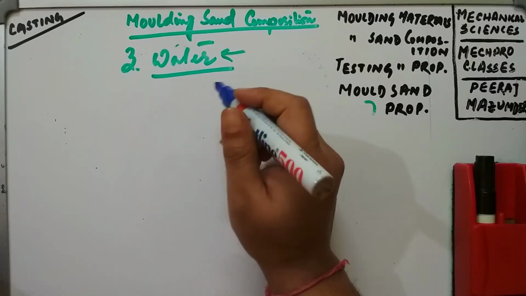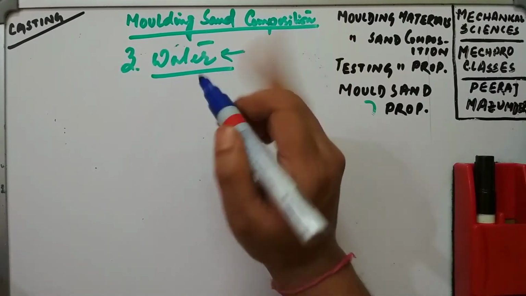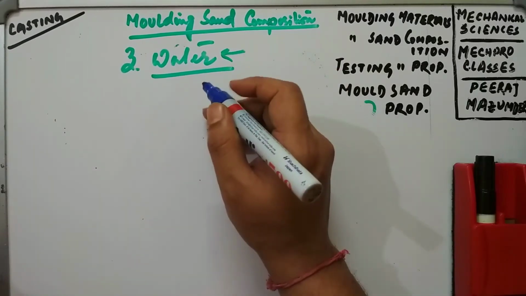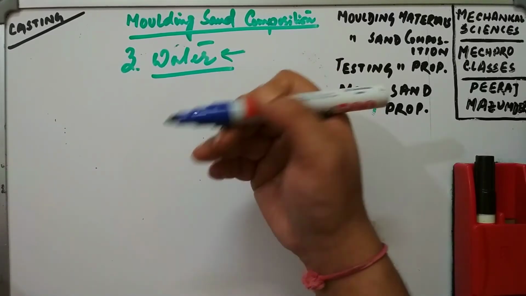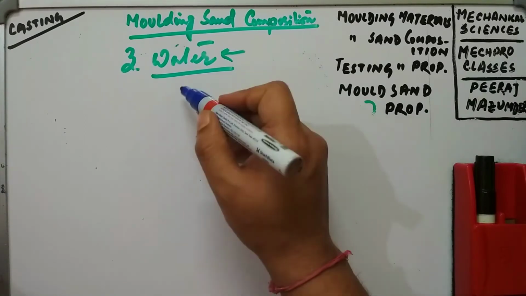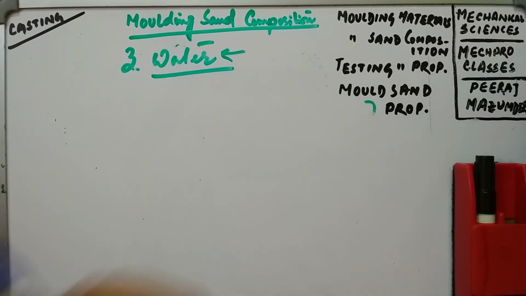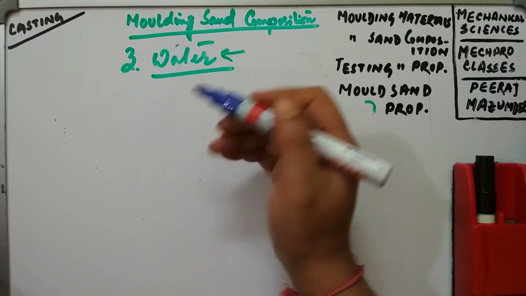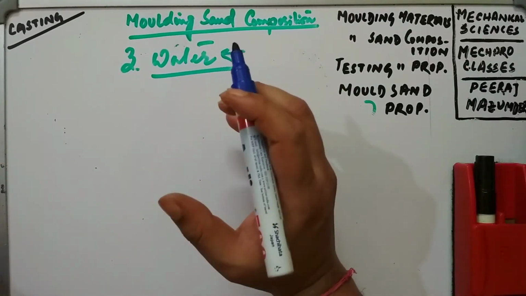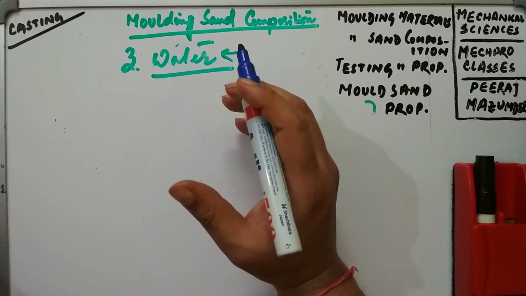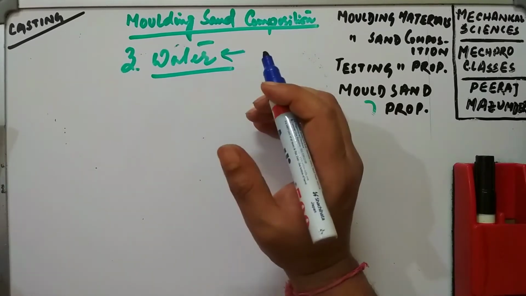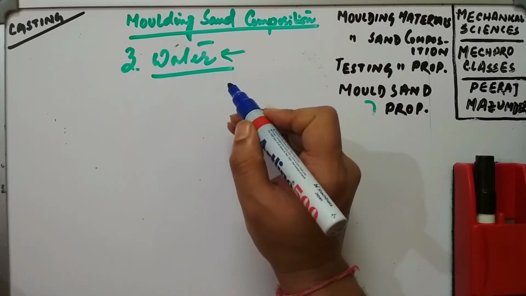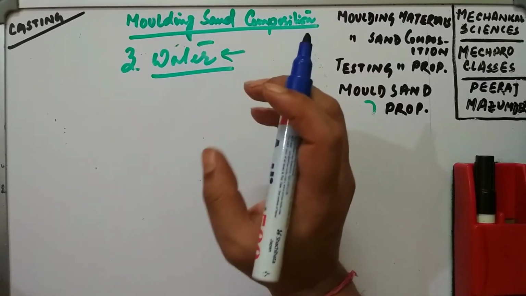The amount of water used should be properly controlled. If you use more than the requisite amount of water, the mixture will look somewhat like a paste. We do not need a paste, we need a solid but with collapsibility and permeability as well. So a proper amount of water is needed to prepare a sound mold.